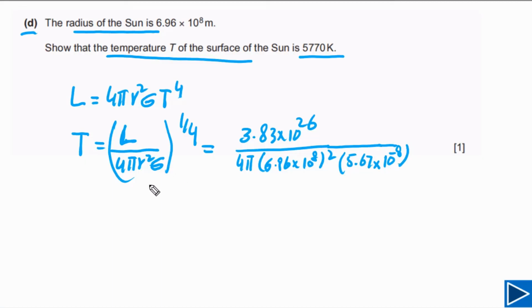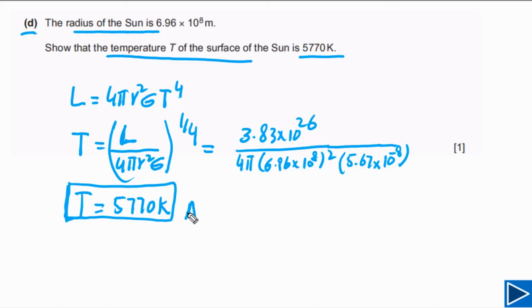Now if we solve this, our final answer for T will be 5770 Kelvin. So this is what we need to show. And this question has only 1 mark. If we get the right answer, we will get 1 mark. So this is our answer mark.